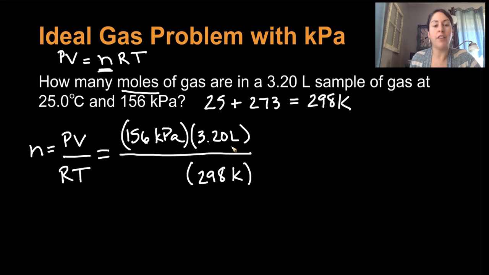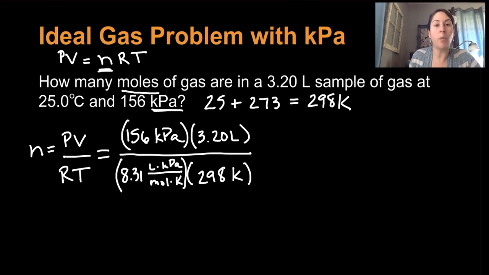And now I have to figure out which one of my constants I need to use. Since this is in kilopascals, we want to use the 8.31 liters times kilopascals divided by mole times Kelvin. That is our unit.